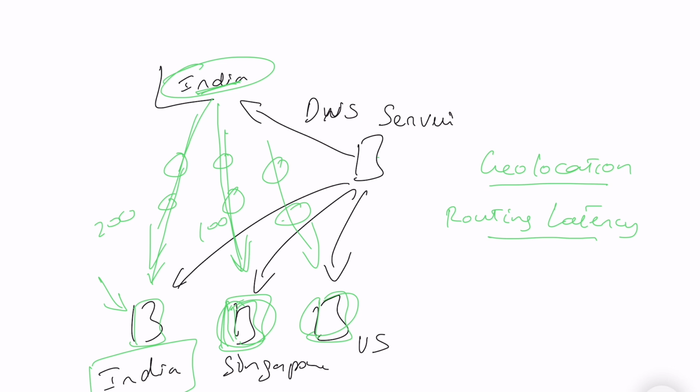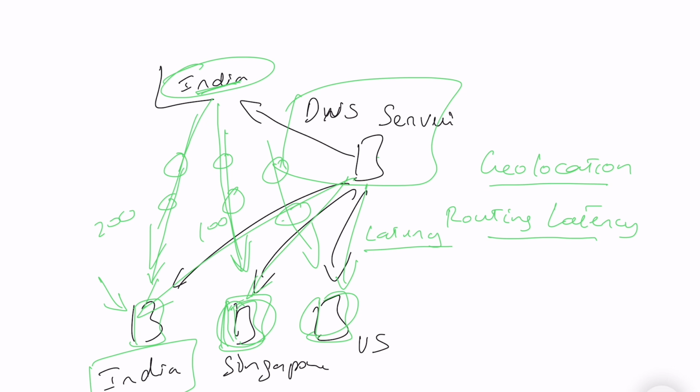The third part is basically the actual response time. For example, this DNS server can also probe these IP addresses and try to see how much the latency is directly. Okay, but it will not keep on probing all the time.